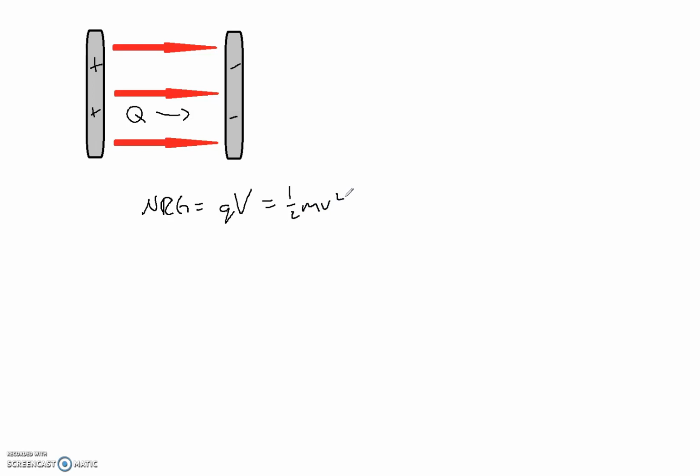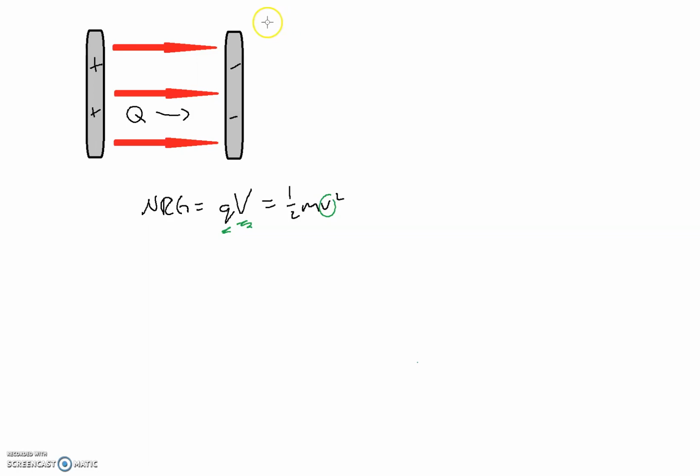And that's kind of cool, because you can actually see that how fast the charge will end up going depends on the Q value as well as the voltage. It has nothing to do with how far it actually goes, because if these plates are hooked up to 100 volts, the charge doesn't change. It dictates how fast it's going.